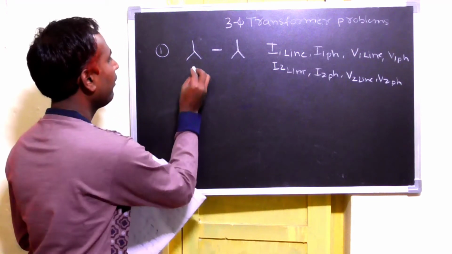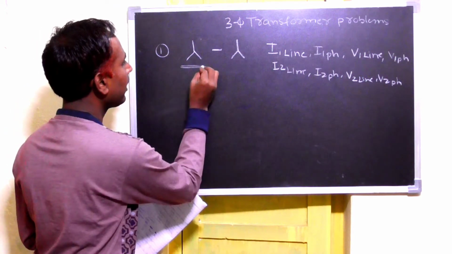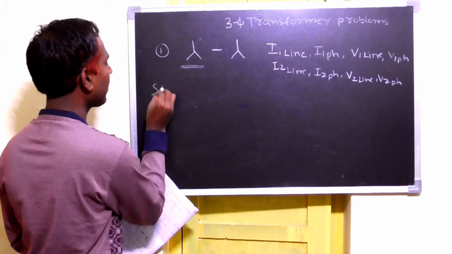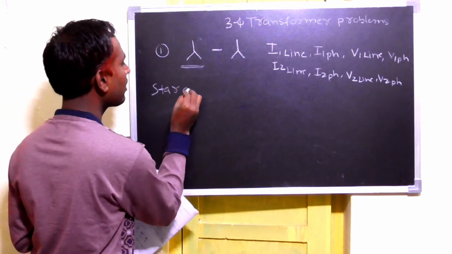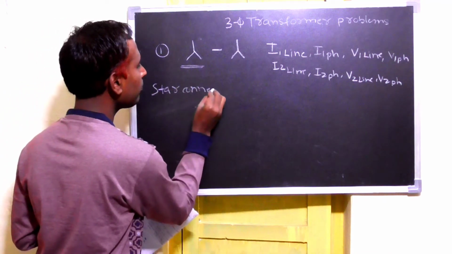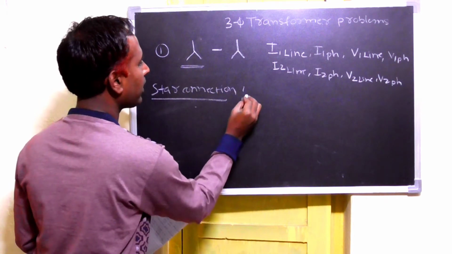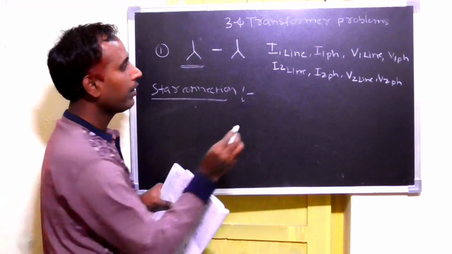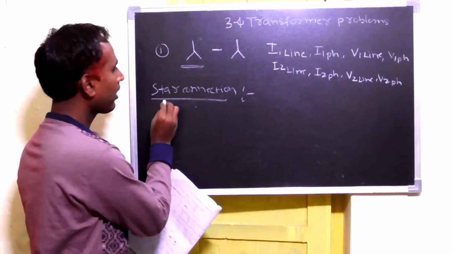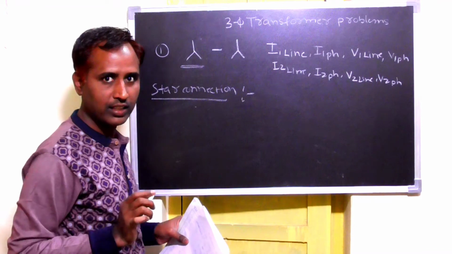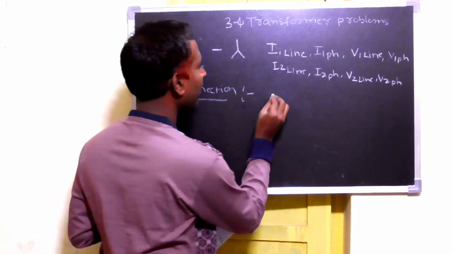Let me tell you the star connection first. In star connection, the primary line current equals the phase current. This is important.